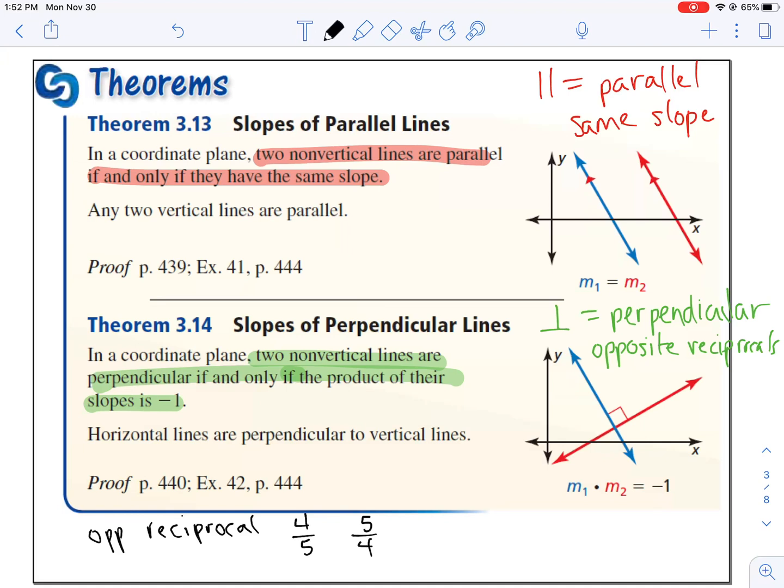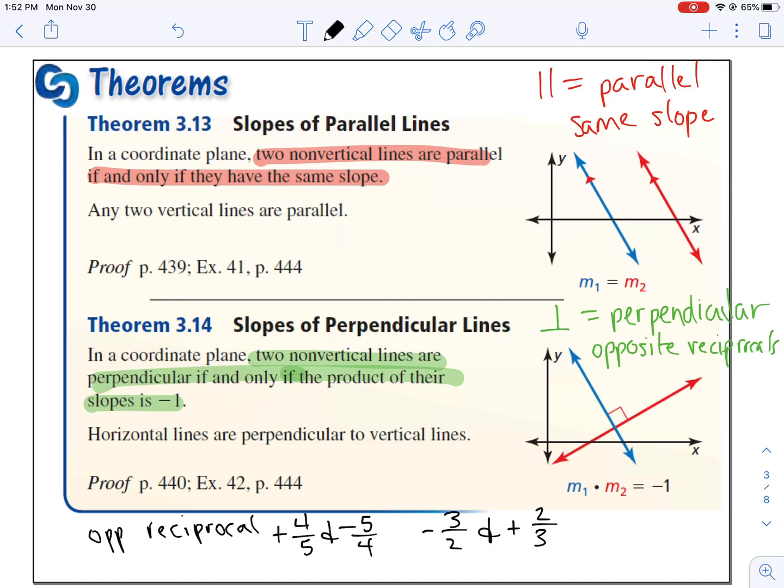To make them opposites, I have to change the sign. So since this was positive, its opposite is negative. So 4 over 5 and -5 over 4 are opposite reciprocals. What if it was -3 over 2? Well, its opposite reciprocal would be positive 2 over 3.